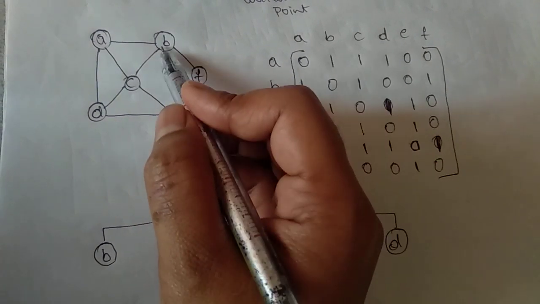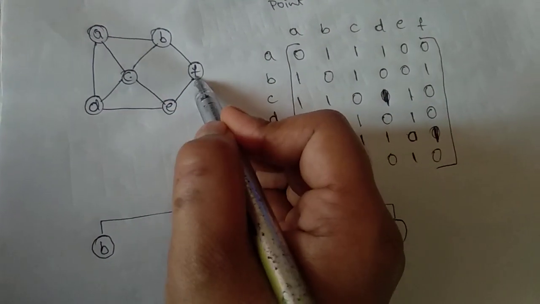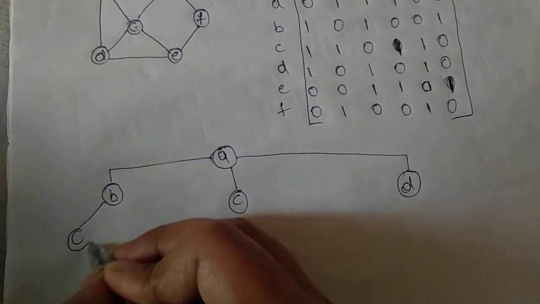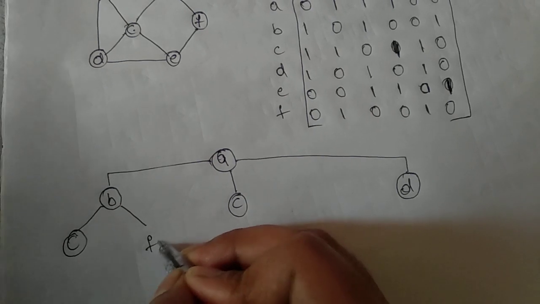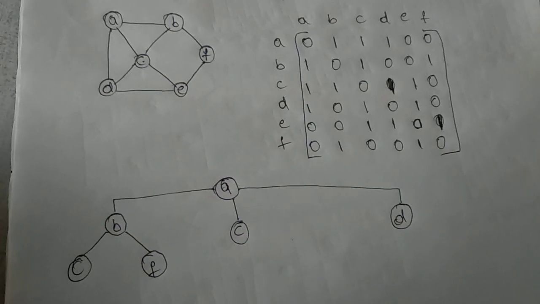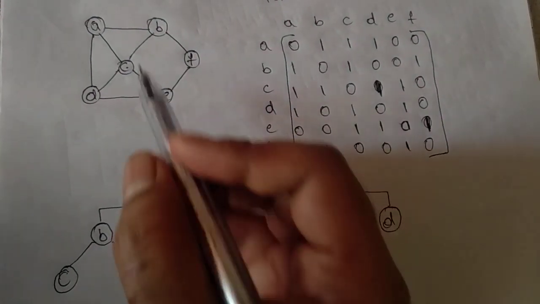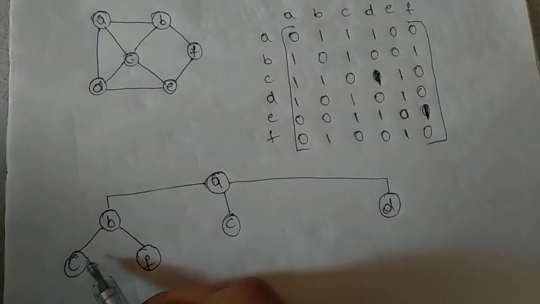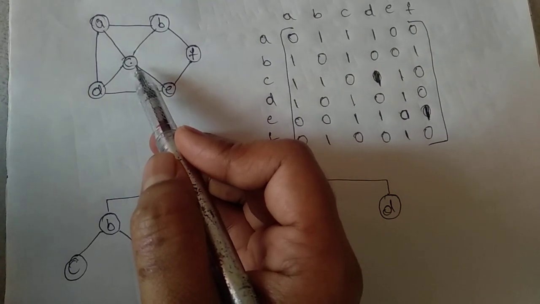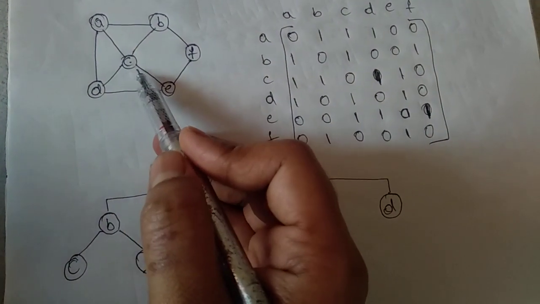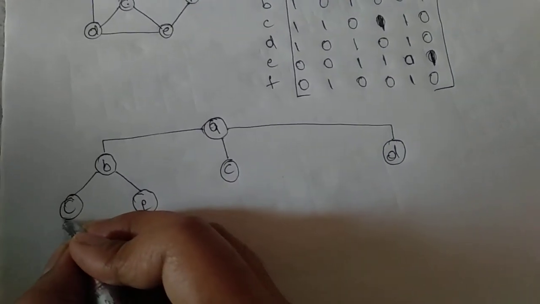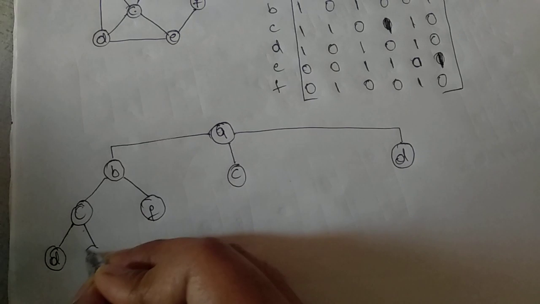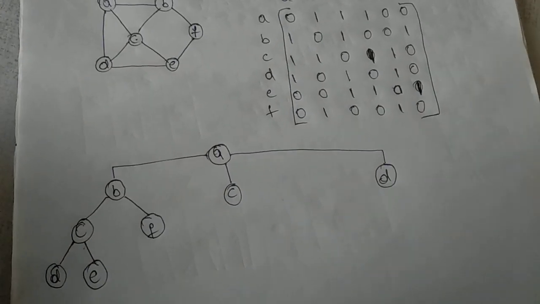From B you can go either to C or F. So from B I can go to C or I can go to F. Okay, first I'll assume from B to C I'll come. A to B, B to C. Then from C, where can you go? From C you can go either to D or to E.